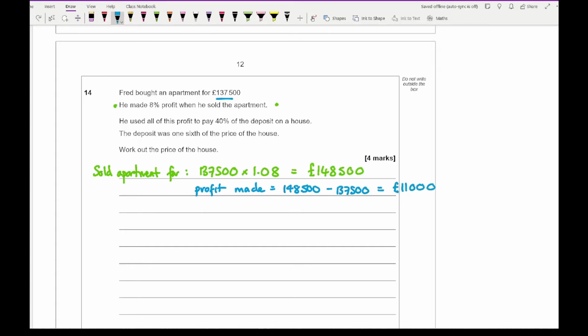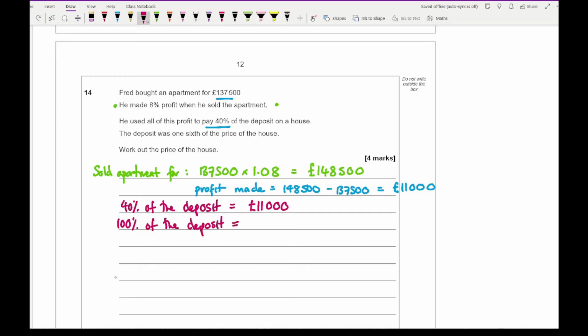Now, from this, we can see that he used all the profit to pay 40% of the deposit. So 40% of the deposit equals £11,000. Then what we want to work out is what 100% of the deposit was.